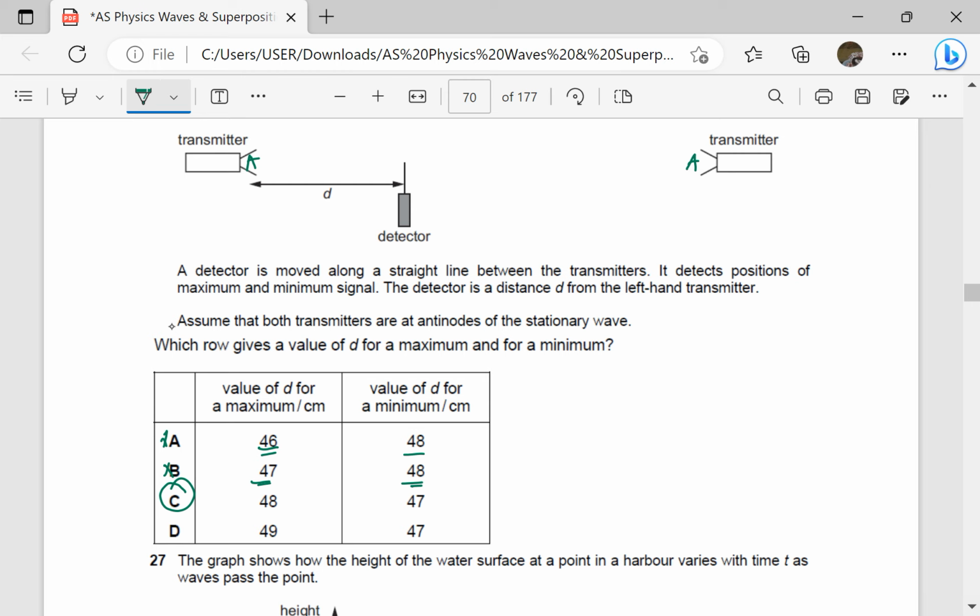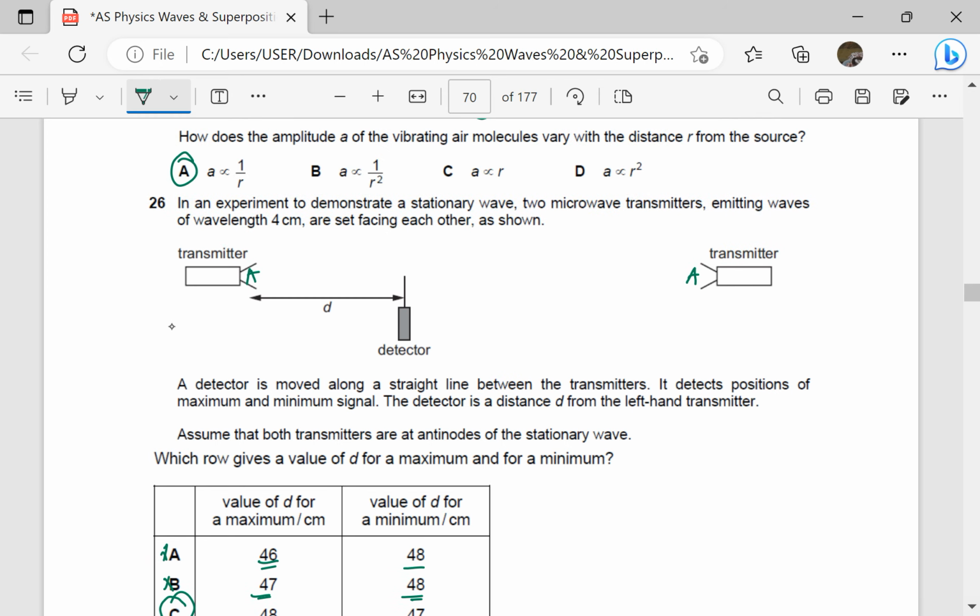And then the question would be, why not 49 and 47?